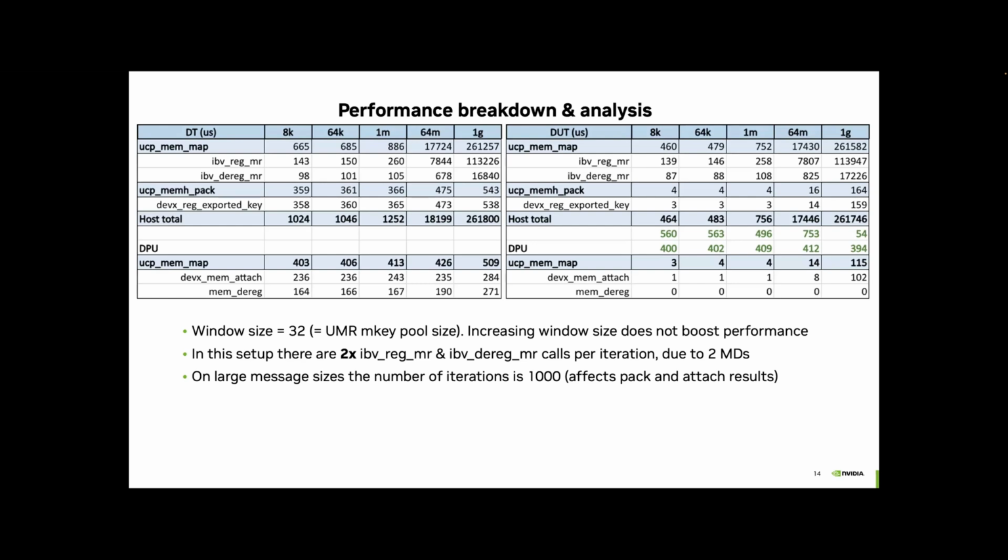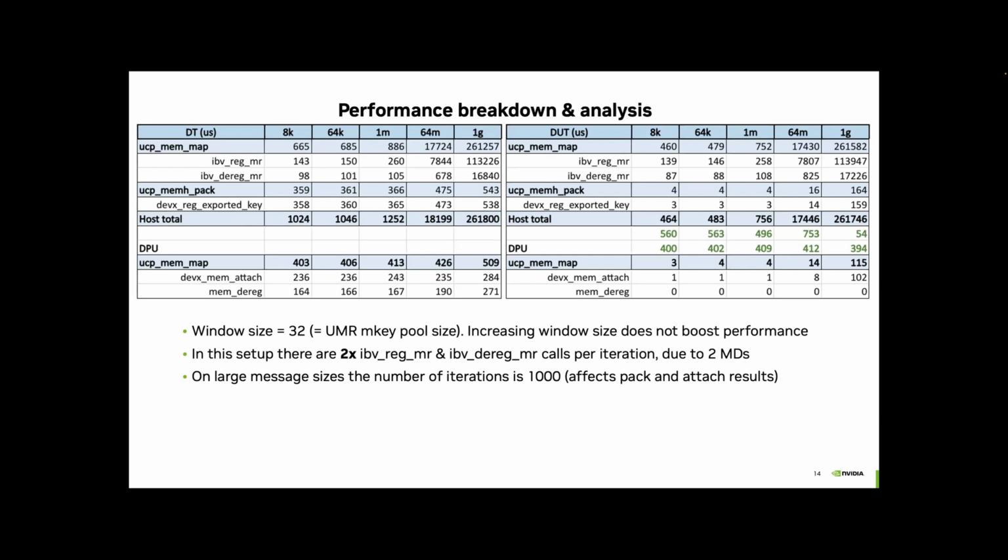So as expected, the cost of memory registration is equal in the left and right parts. What's different is the cost of the export operation. Without UMR, the export cost is pretty much constant, around 350 microseconds, and slowly grows with message size.